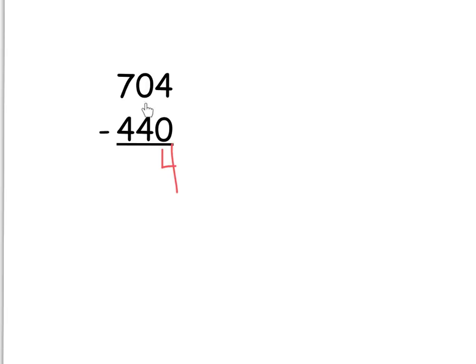No, I can't. I'm going to have to regroup again by going to my hundreds place, making it a 6, crossing off my 0, and making it 10 tens now. Just think about adding a 1 in front of whatever number you need to regroup. 10 minus 4 is 6. 6 minus 4 is 2.